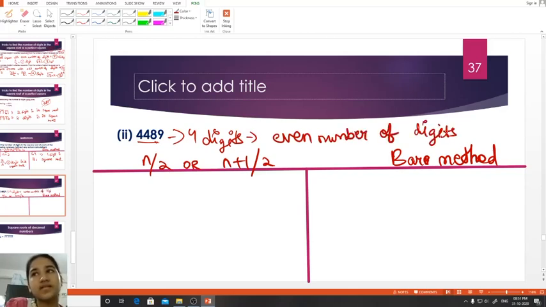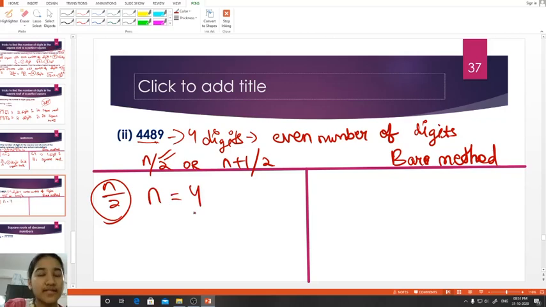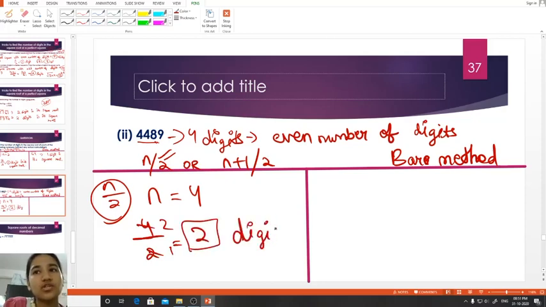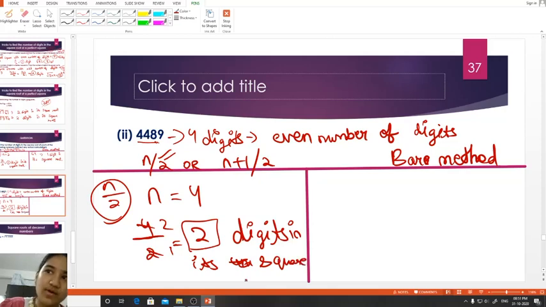So we have to apply n by 2. n is equal to 4, and 4 by 2 is equal to 2. That means 2 digits in its square root.